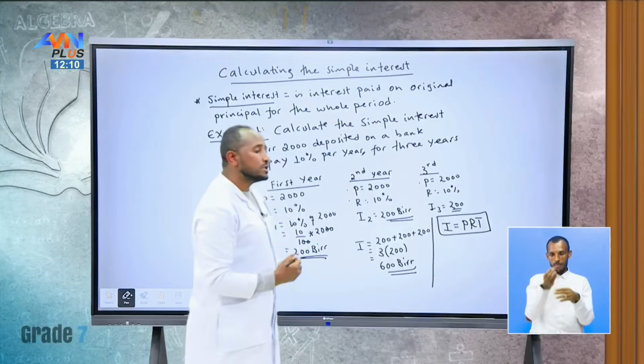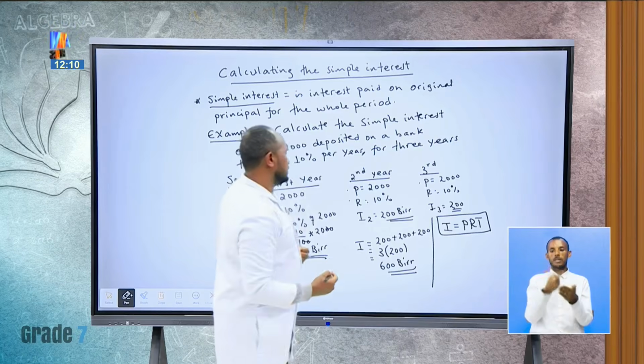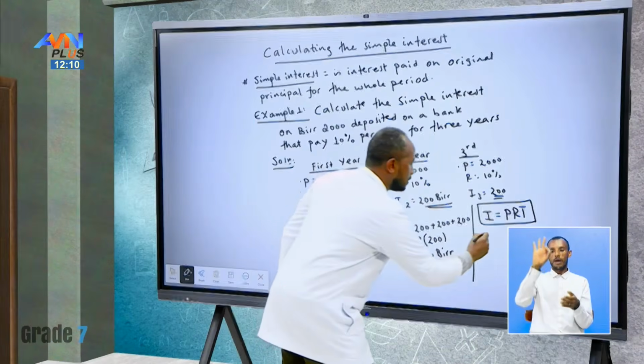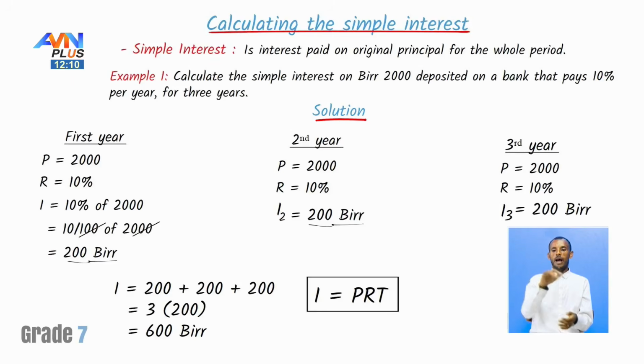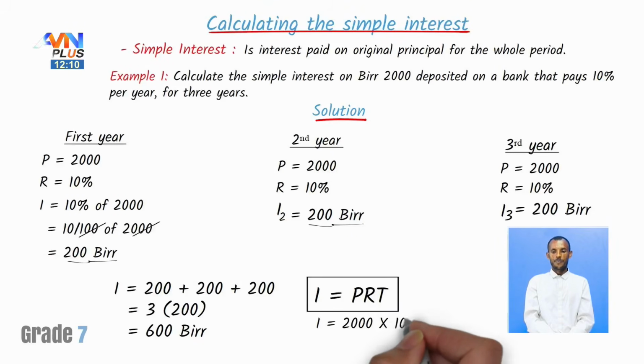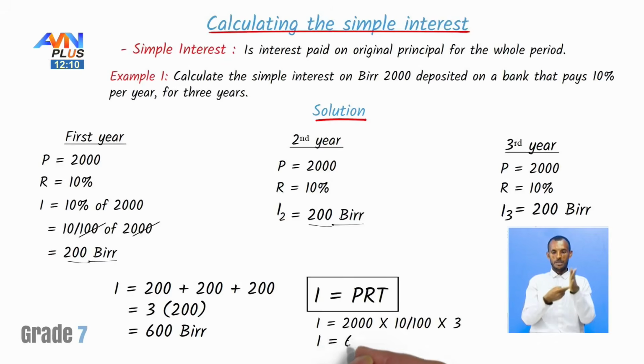So using this equation, if you evaluate this one, you'll have this. The simple interest will be equal to the principal, 2,000, times the interest rate, 10 over 100, times time, the length of period, which is 3.